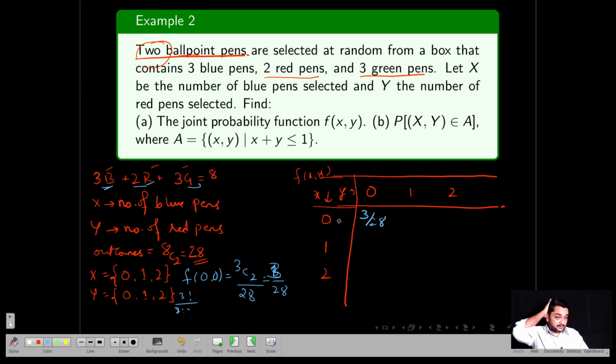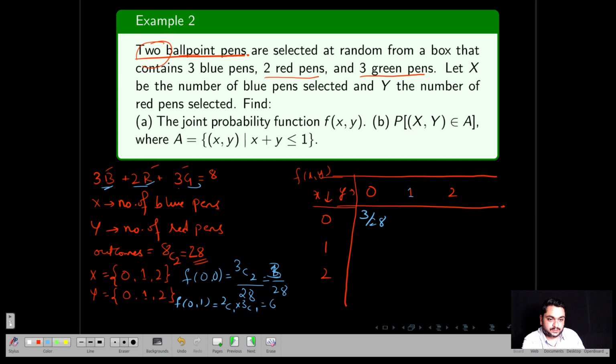Next, 0, 1. Is it possible? Yes, it is possible. F of 0, 1 is equal to, so 0 blue, 1 red. 1 red means 2C1 into 1 more I should choose from green, 3C1.